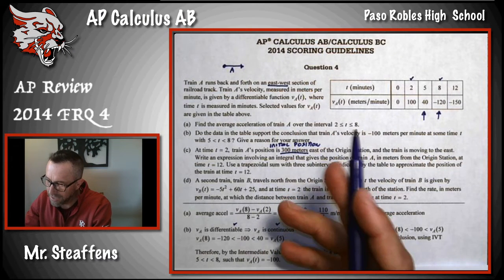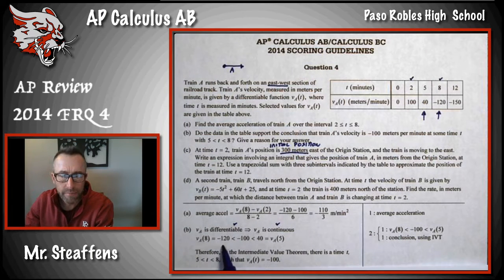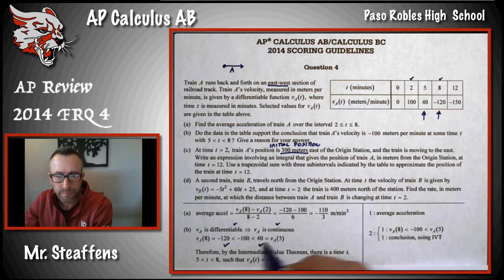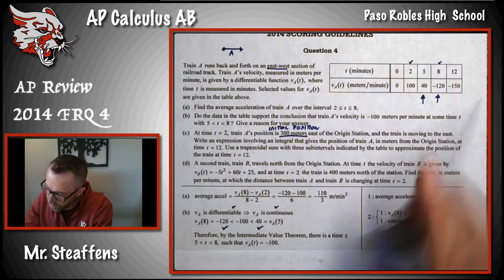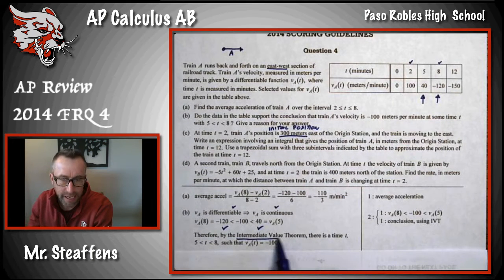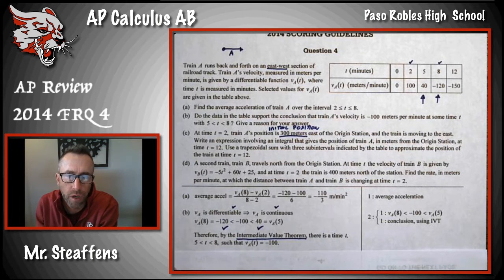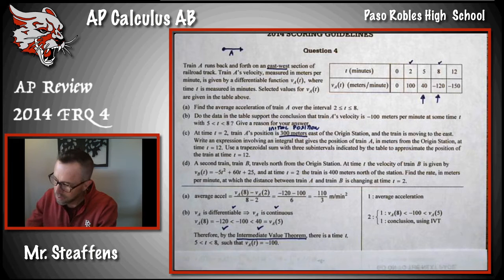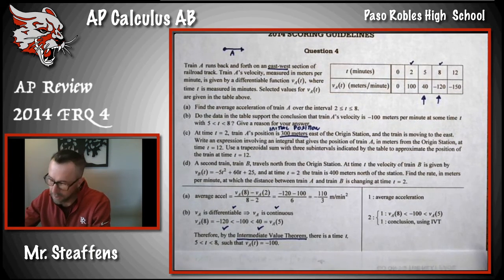And then I have to state, look, at 8, it is below negative 100, and at 5, it is above negative 100. Therefore, and I have to state this, the intermediate value theorem says the only way to get from 40 to negative 120 is to go through all of the numbers in between. Negative 100 is in between. So that's it. I get a point for each of those two things if I state them.